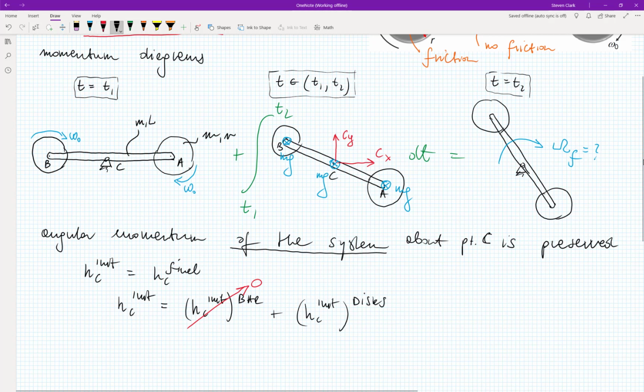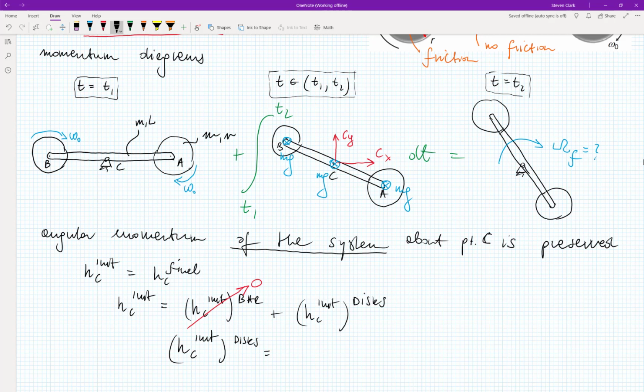That was fast. So now let's focus on disks. HC init of disks. Please observe that these disks move exactly in the same way. So do you mind if I just find angular momentum for one of them, and then we just multiply it by 2? Let's do it.